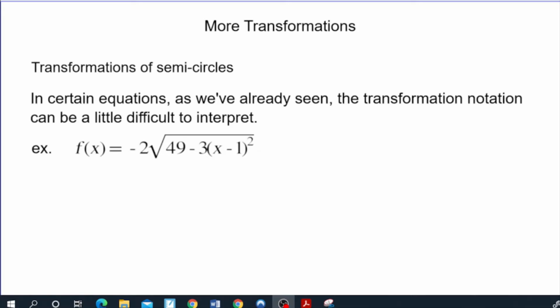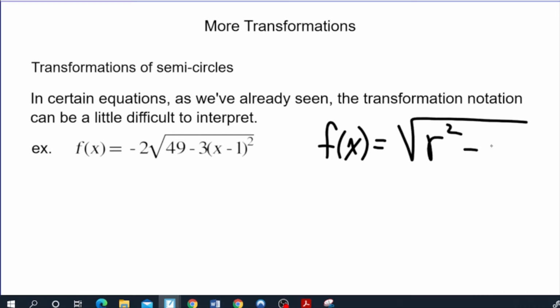And just to show you what the parent function would look like for this particular graph, it would look like this. In this case, our radius is in the same position as the 49 here.